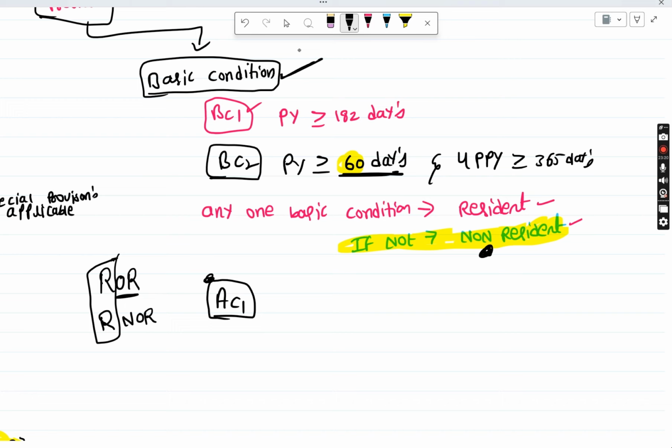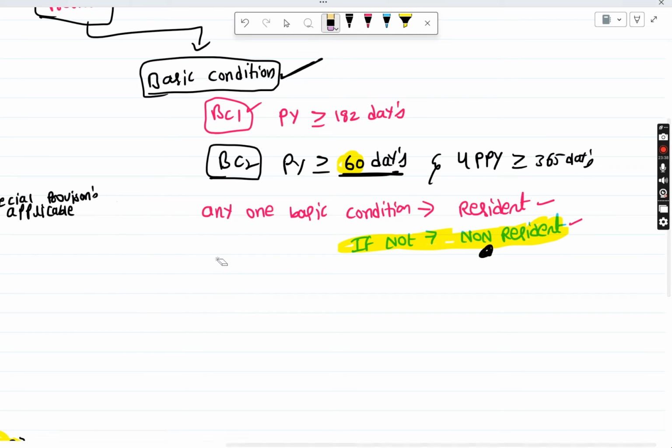If he is non-resident, you don't need to go to the additional conditions. He is already resident, but we need to check whether he is an ordinary resident or not. Understood? Yes, sir. So if the basic conditions are not satisfied, don't check the additional conditions. If the basic conditions are satisfied, then only check the additional conditions.